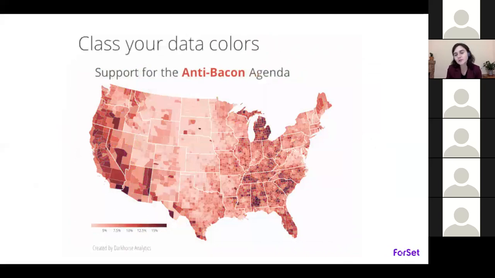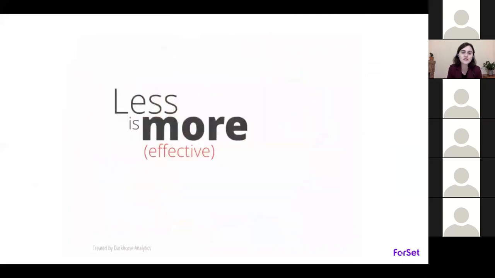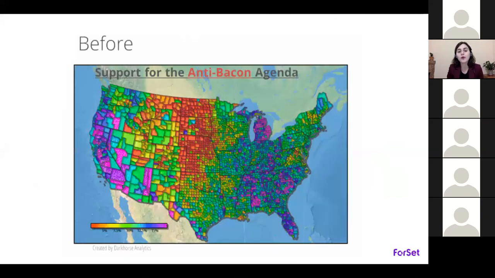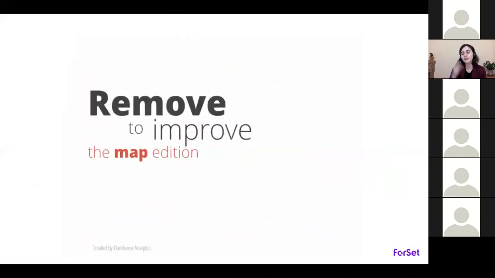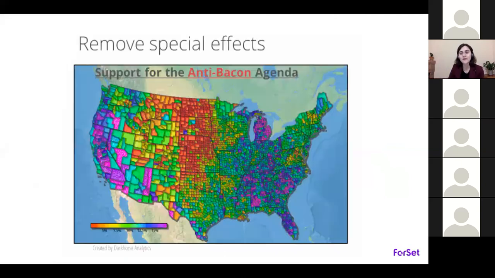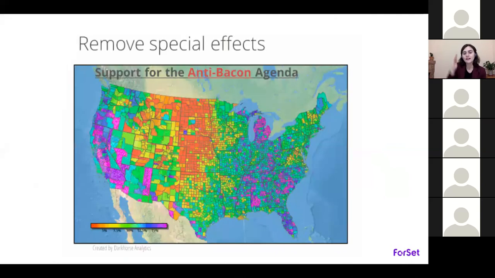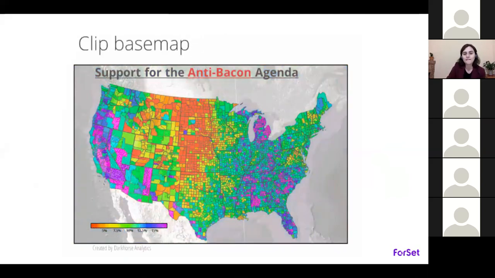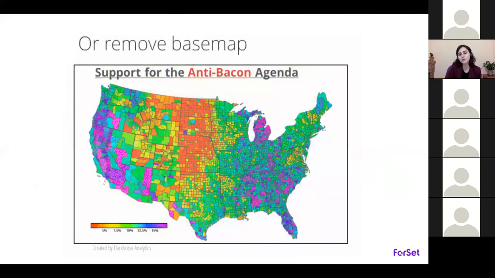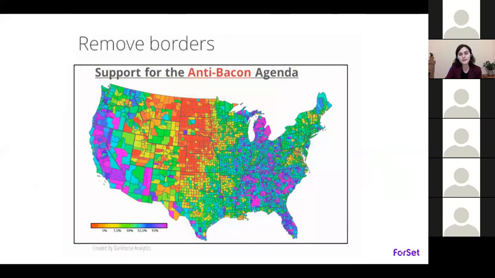And in this GIF as well, we show how, not we, but the authors of this GIF, Dark Horse Analytics, show how less can be more when we reduce the grid lines, these border lines between the states, and instead of using different colors, we just use the same color in different tones. And it becomes visually much more compelling.